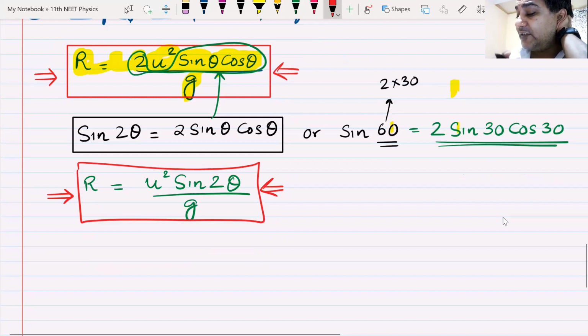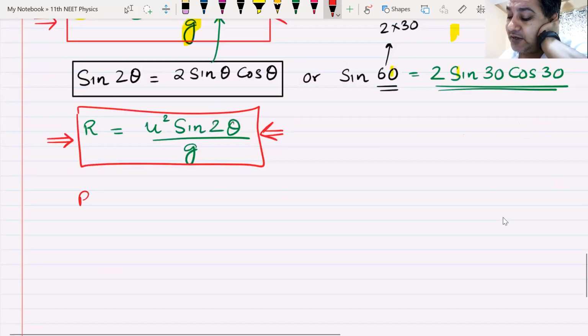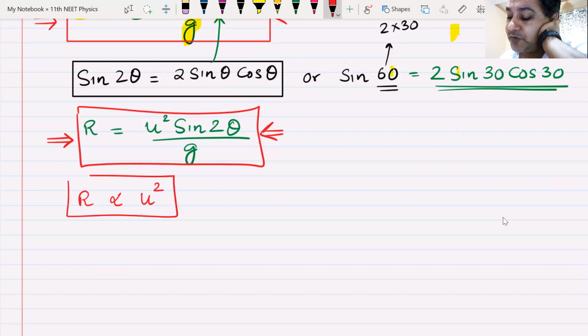Now, once we get this value, I can write R as proportional to u squared. Range becomes proportional to u squared. That means if I make velocity twice, what will happen to range?